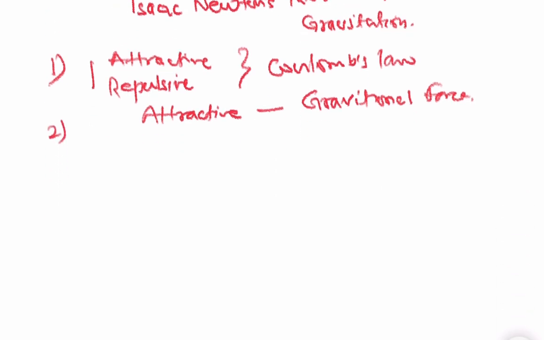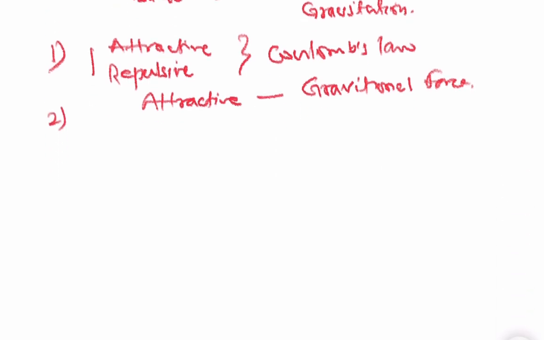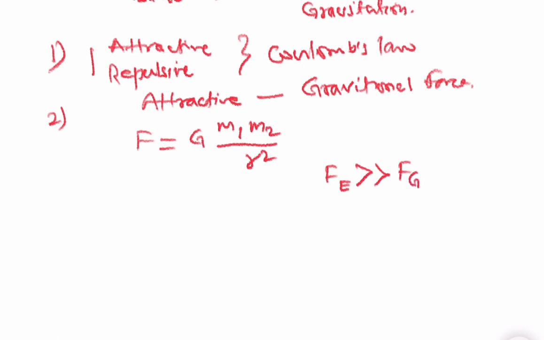Second, since gravitational force is written as F is equal to G into M1 M2 by R square, electric force is always greater than the gravitational force.